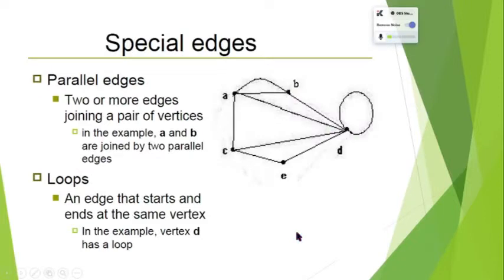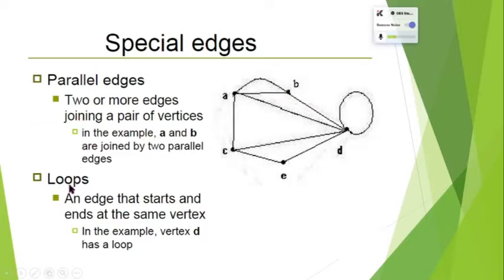So, these are the special edges. First is parallel edges: two or more edges joining a pair of vertices. For example, A and B are joined by two parallel edges. This edge and this curve are parallel edges.